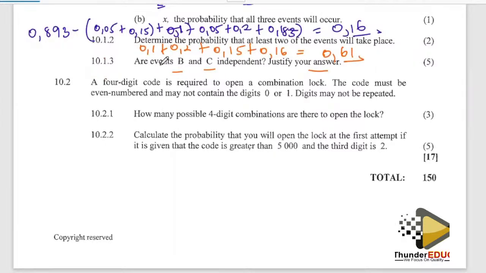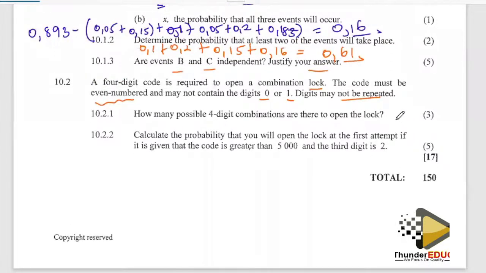10.2, they're telling us that a 4-digit code is required to open a combination lock. And the code must be even numbered and may not contain digits 0 and 1. Digits may not be repeated. How many possible 4-digit combinations are there to open the lock? Okay.